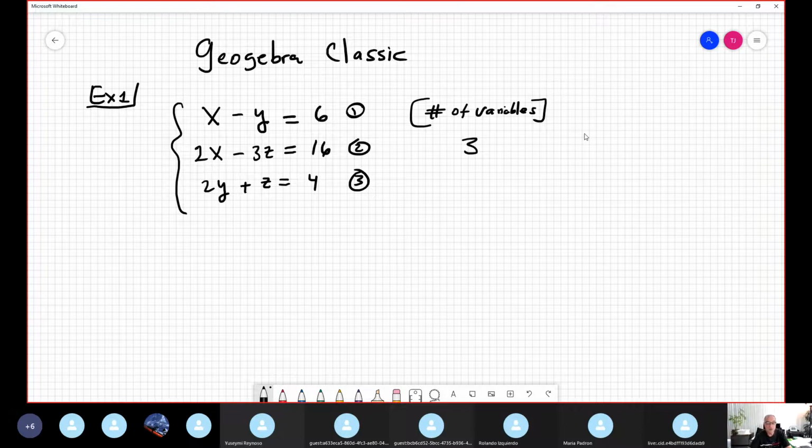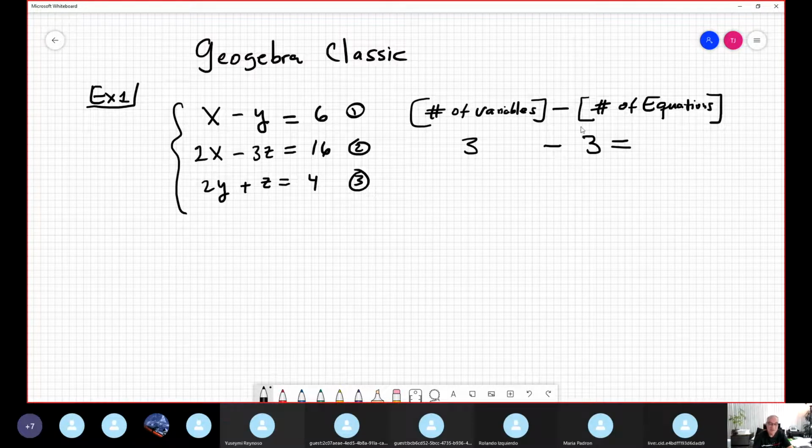How many equations do we have? 3 also, no? 1, 2, 3. So 3 minus 3 is 0.